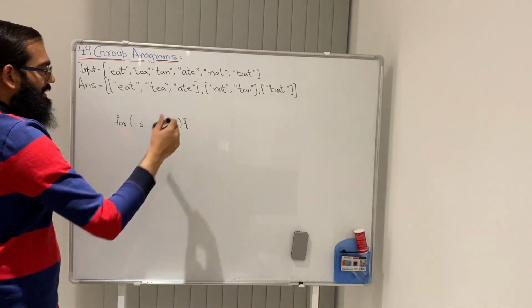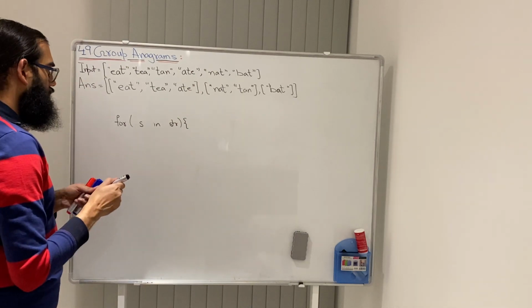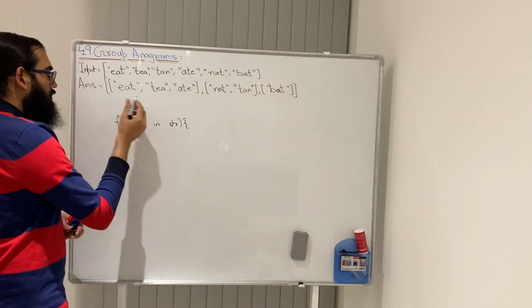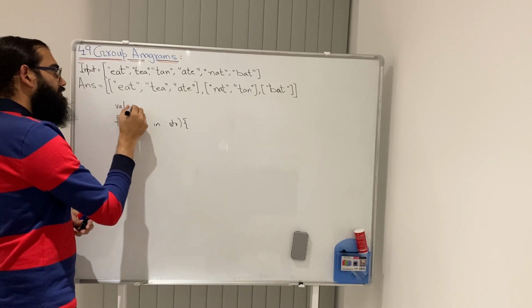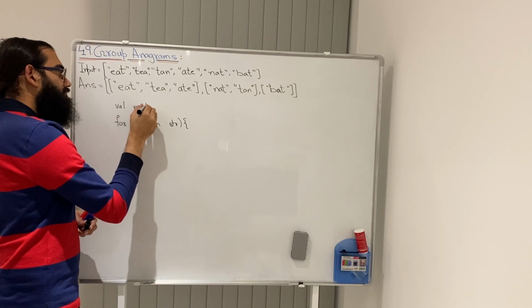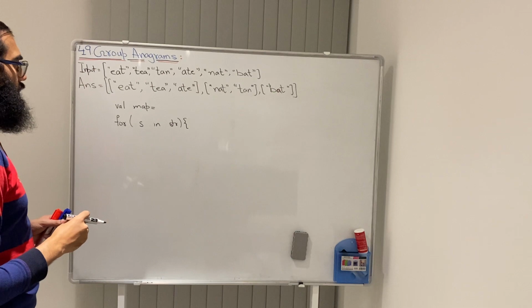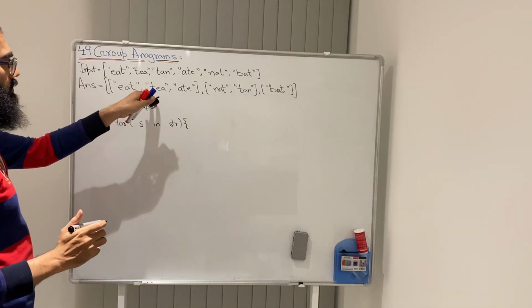In this case, I know the map is our friend. So we will create a map, not a map function, sorry, a map. I'm going to use a value map, and what will be the key? In this case, I'm thinking I will first go by sort.